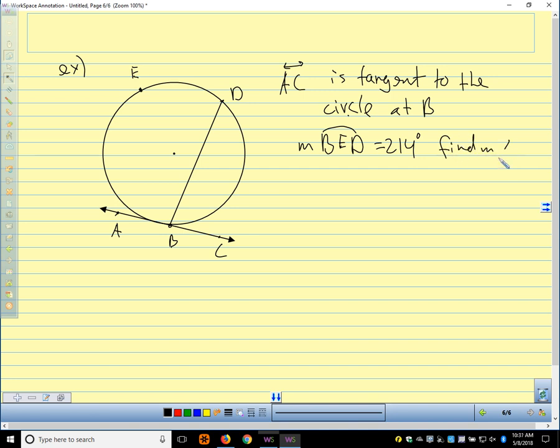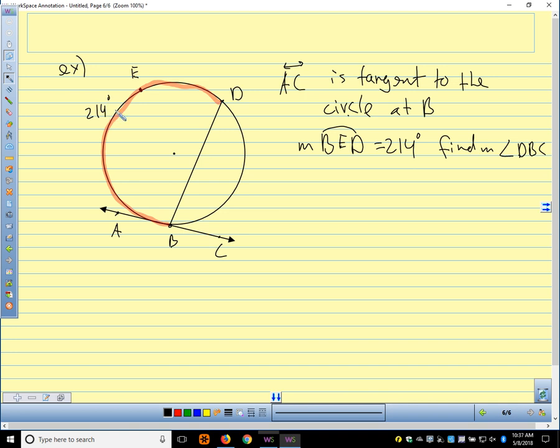Find the measure of angle DBC. All right, so the problem tells us that the measure of arc BED, this whole thing around here, is 214 degrees.